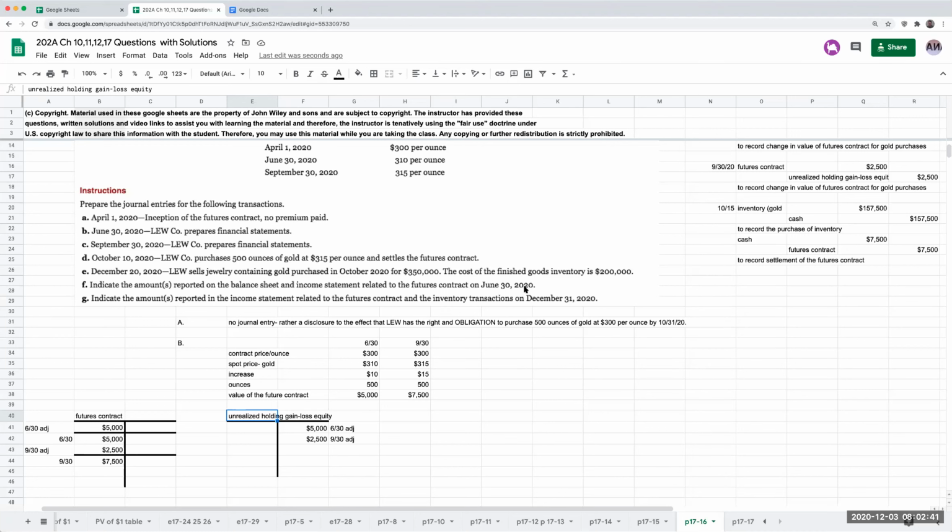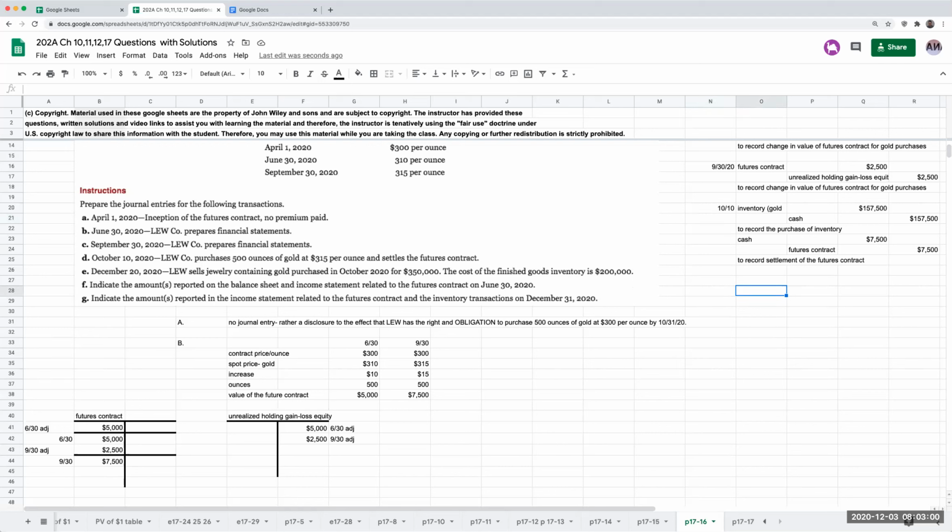That's October 10th. Okay, so it's letter D, and then letter E. I sold jewelry containing gold purchased in October 2020 for $350,000. The cost of the finished goods inventory is $200,000.